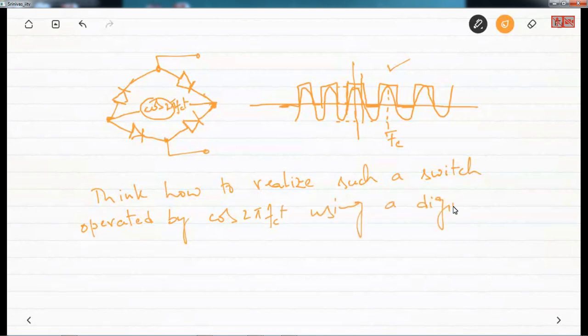We can discuss this later, but we are running short of time. Let me give you a simple hint: use a comparator. As I said, I'm not a circuits guy, so I'm not an expert in this, but I thought of constructing another circuit, which you can try on your own in your lab in your leisure time, using a comparator and then a digital switch.